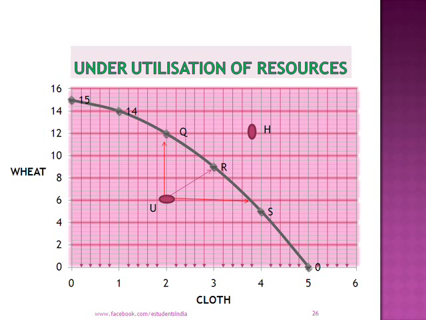If the economy is working at U, then by using its idle resources fully and most efficiently, it can move from U to Q or to R or to S on the production possibility curve PP.